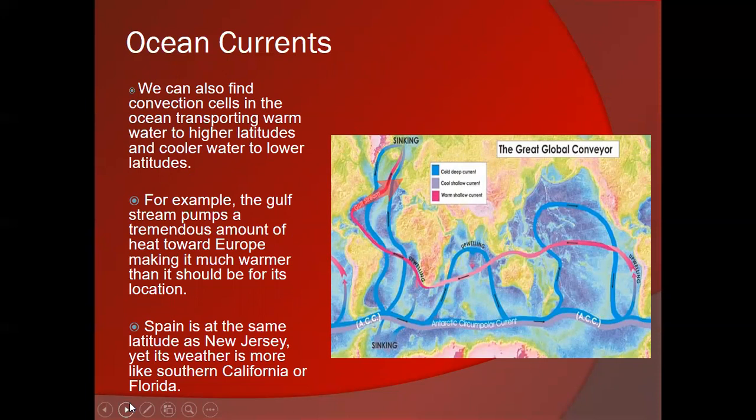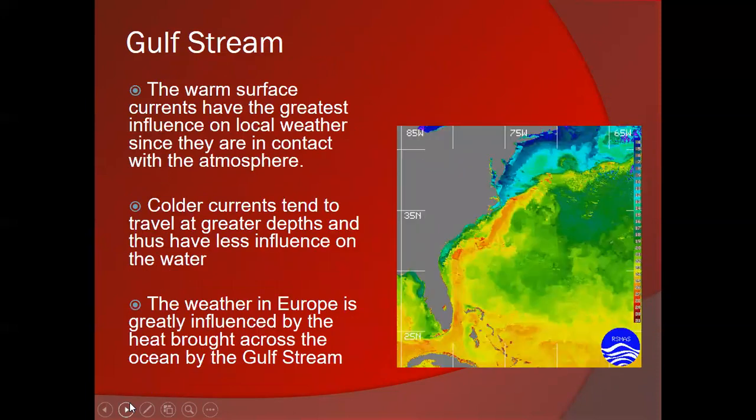Europe is actually much warmer than it should be due to this transfer of heat, which comes from the Gulf Stream. And just to give you an example, we are the same latitude as Spain, okay? But yet if you go to Spain, you notice that their winters are much more mild than our winters thanks to this Gulf Stream. Oh, there you can actually see a thermal view of the Gulf Stream.